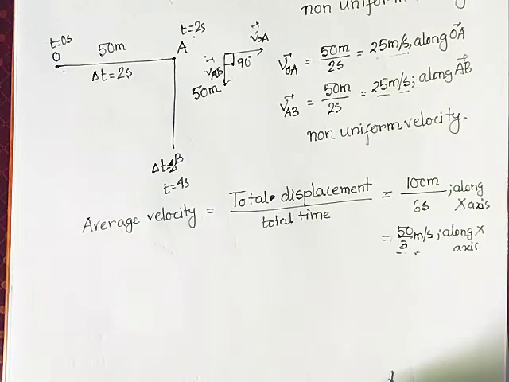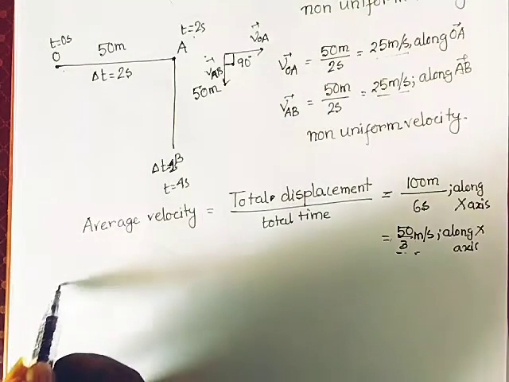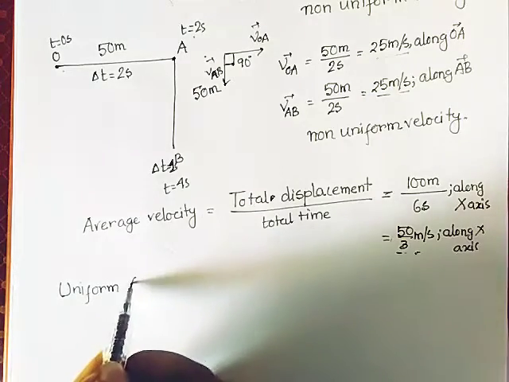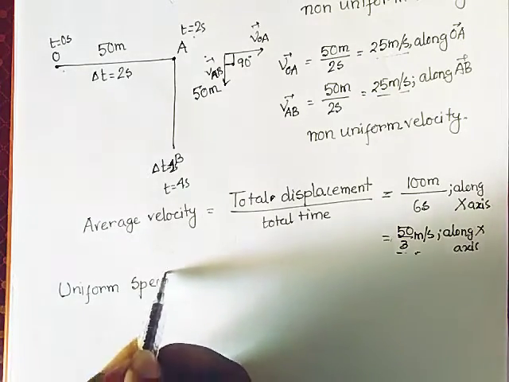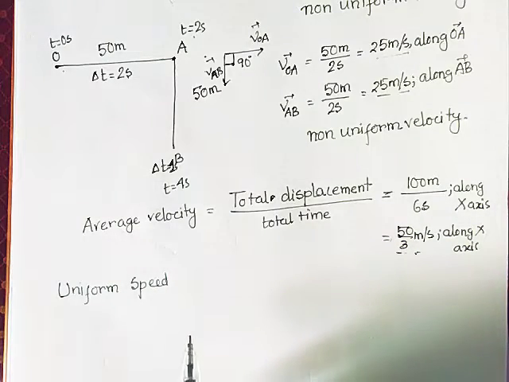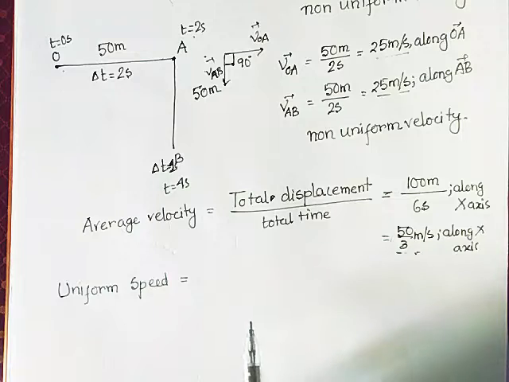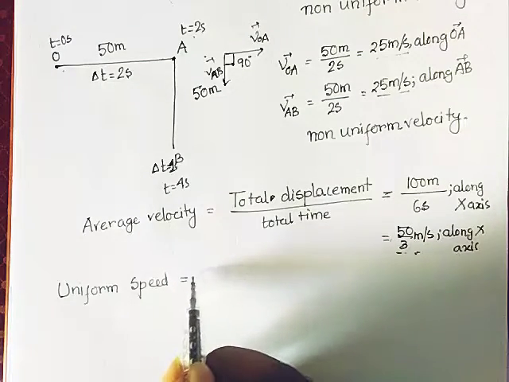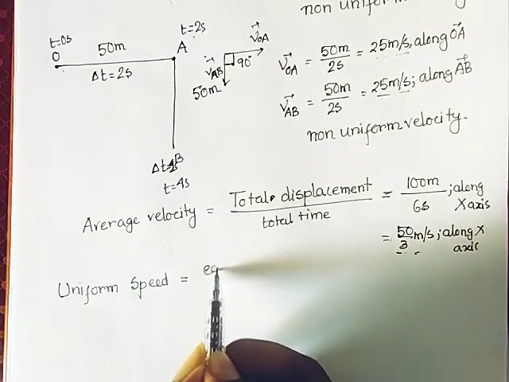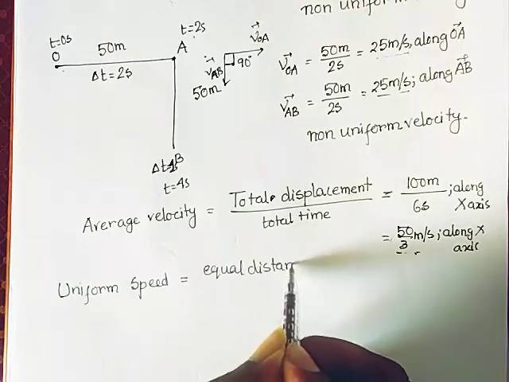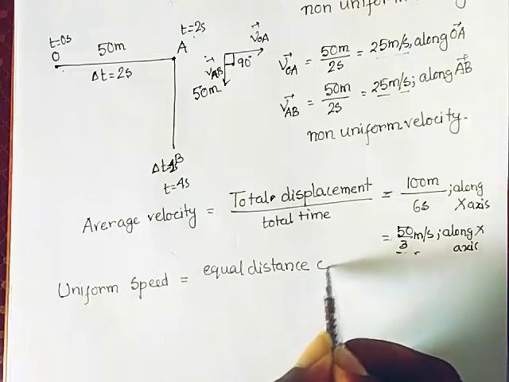Just like the displacements, if I consider the path length, the distance, at that time we can define another quantity, that is uniform speed. To say uniform speed, we have to say that equal distance is covered by the particle in equal intervals of time.